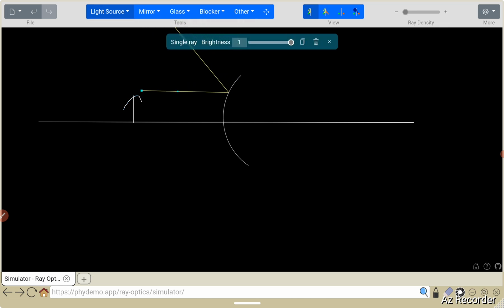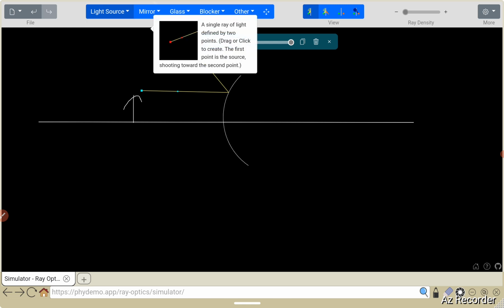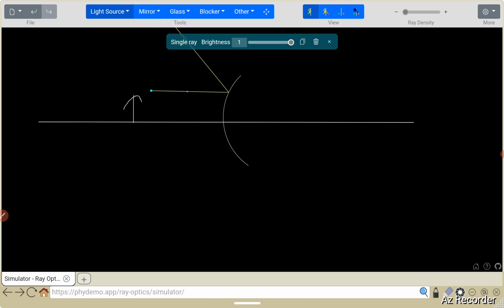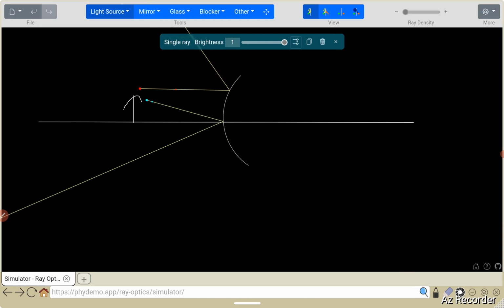Now a parallel ray I have taken. It is diverging. Correct? Then for the other ray, what do you have to take? Striking at pole. Correct? Slowly we have to do. Almost it is striking at pole.